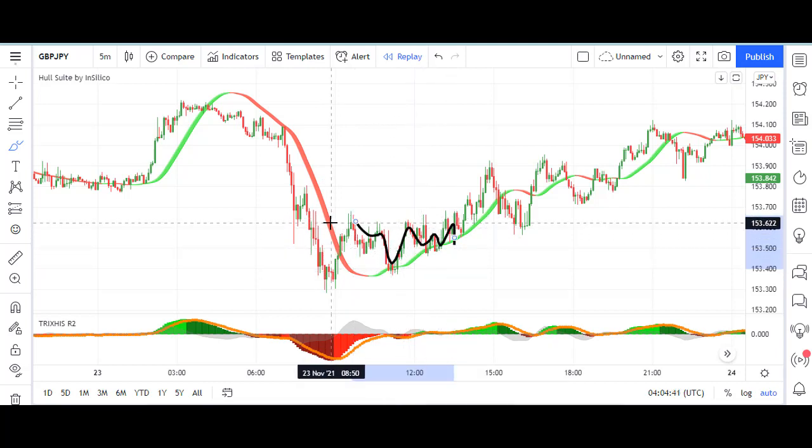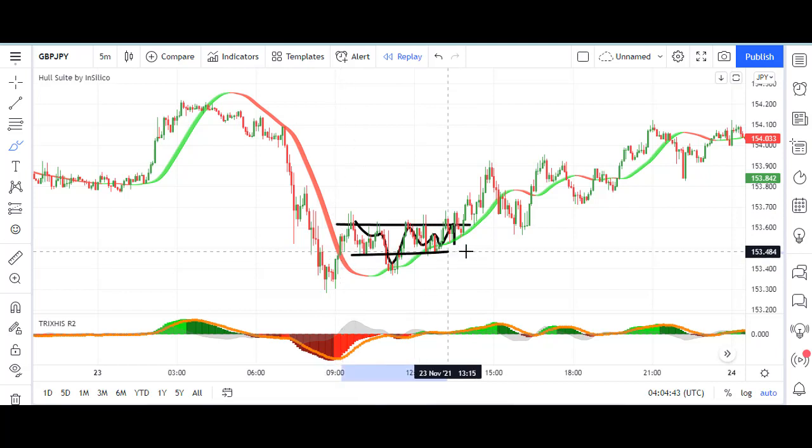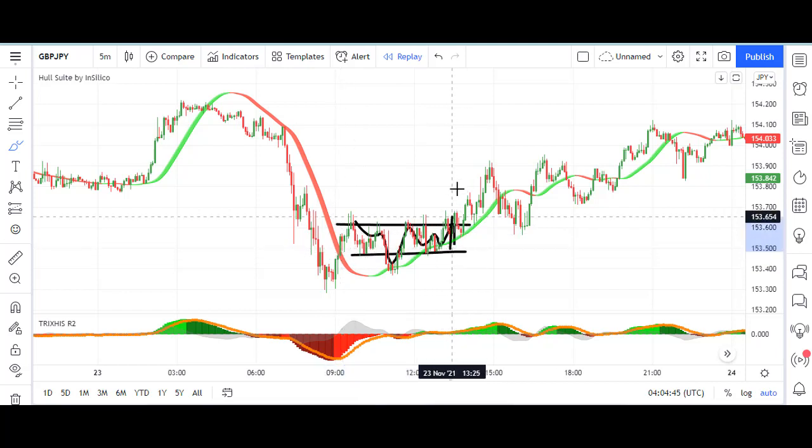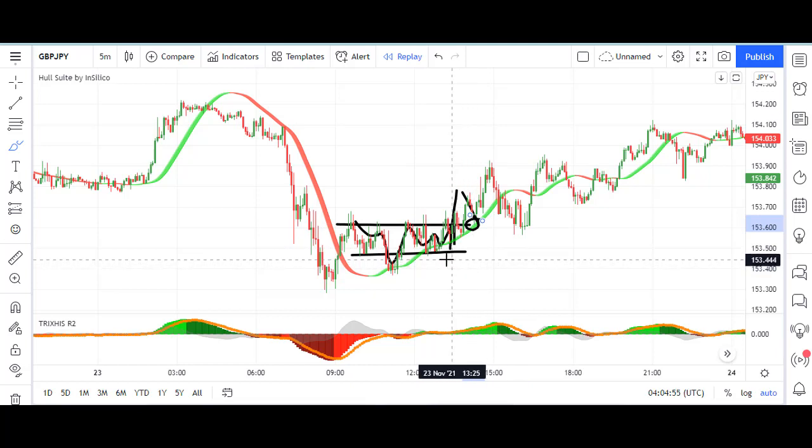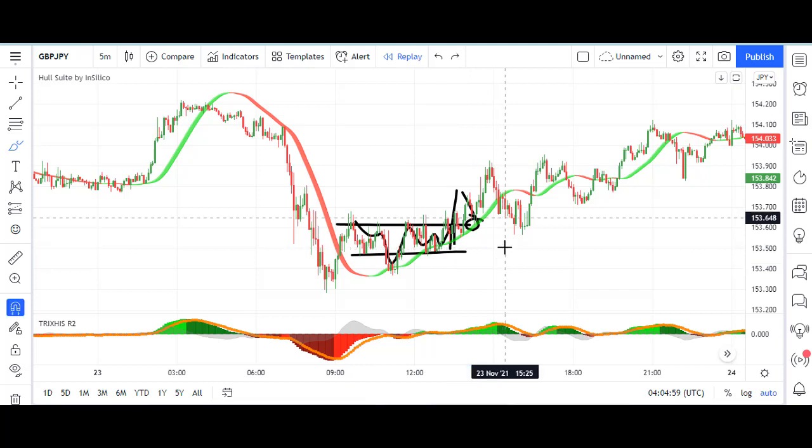We wait for the market to break out of the trading range and then retest. We enter at the retest and put our stop loss below the recent swing low. Here we can go for a target of at least 1 to 1.